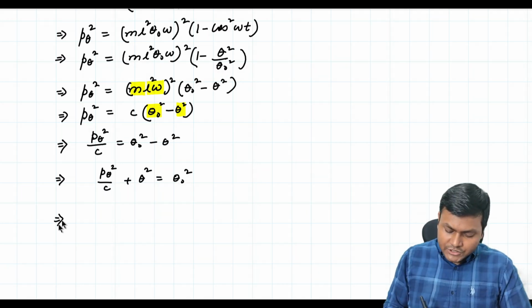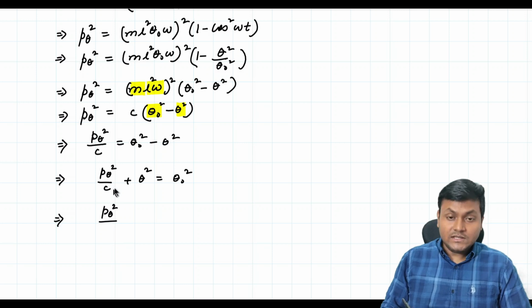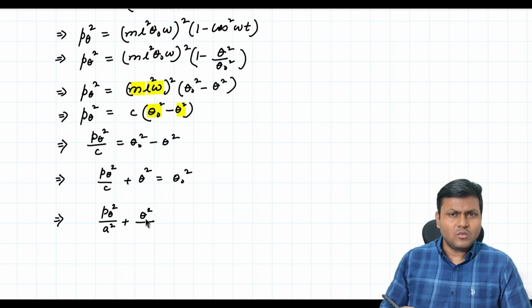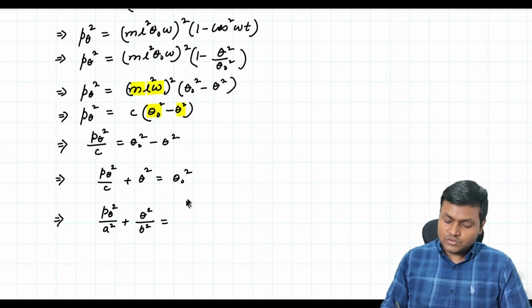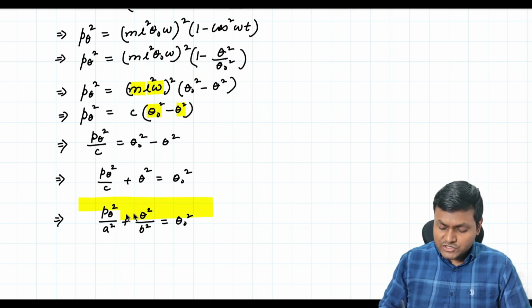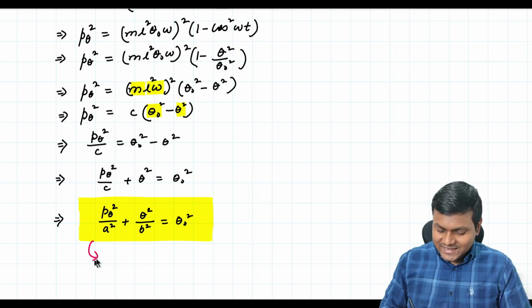So what is the nature of this expression or equation? p theta square upon some constant c, which can be written as some other constant, let's suppose a square, plus theta square upon 1, which I can just write as b square, is equal to theta naught square. This is simply the equation that corresponds to an ellipse. Okay, this is an equation of an ellipse.